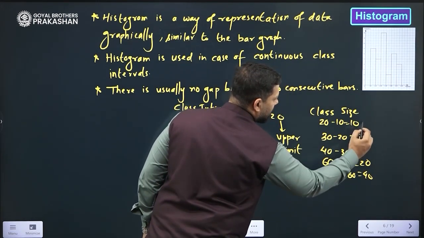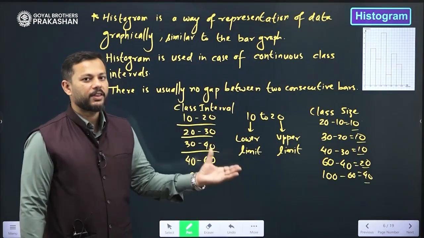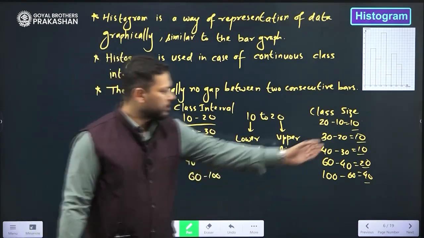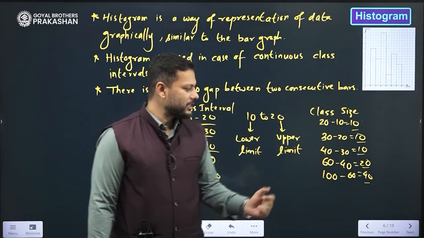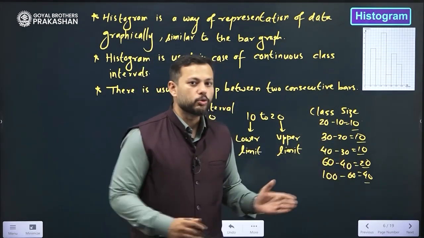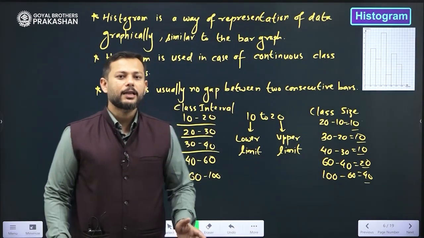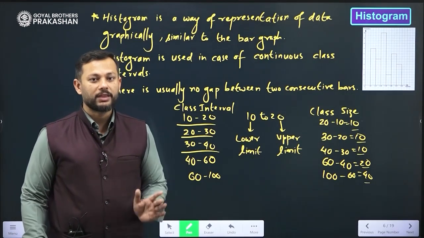So now the class sizes are not same, they are different. So the width of that histogram's rectangular bar will also be different. Like for these three, it will be 1 centimeter each. If we take 10 as 1 centimeter, for this it would be 2 centimeter wide. For the next one, it would be 4 centimeter wide. And it totally depends upon the class size of the class interval used over there.